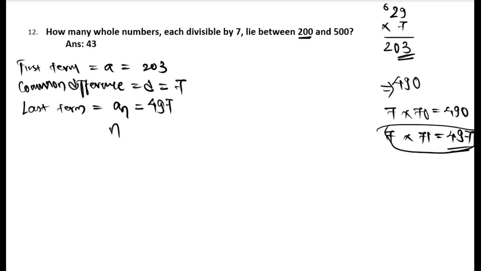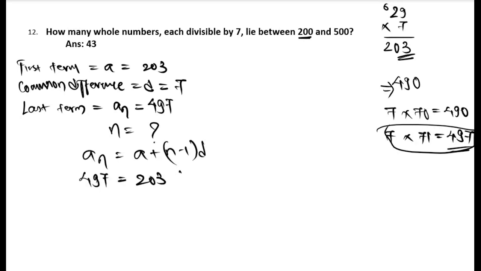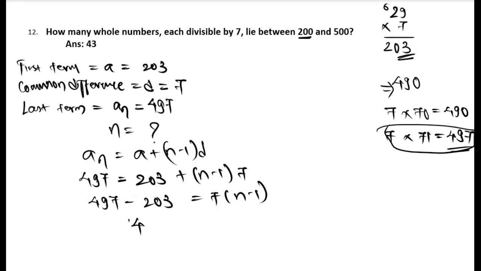right? So what we have to find? Number of terms, number of whole numbers. So for the nth term, the formula is a plus n minus 1 into d. So 497 is equal to 203 plus n minus 1 into d, where d is 7. So 497 minus 203 is equal to 7 bracket n minus 1. 7 minus 3 is 4, 9 minus 0 is 9, 4 minus 2 is 2. 294 divided by 7 is equal to n minus 1.